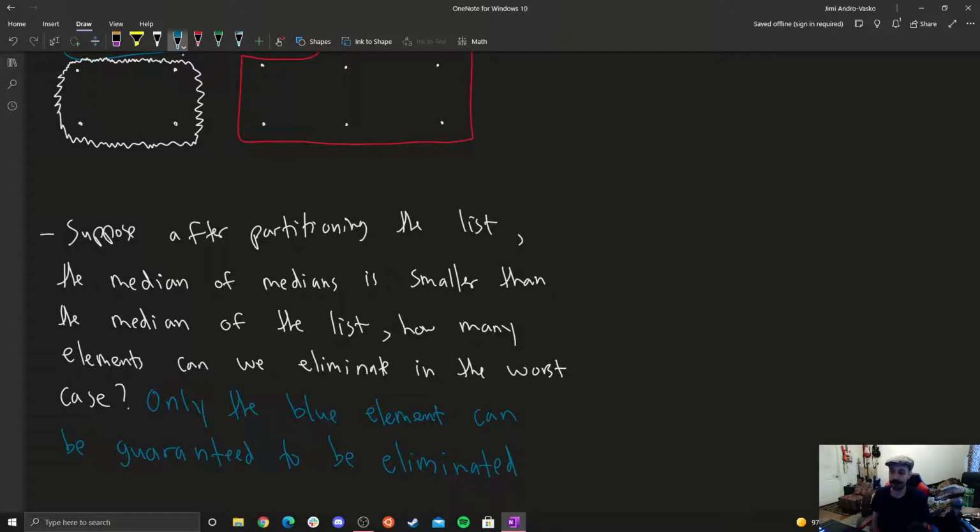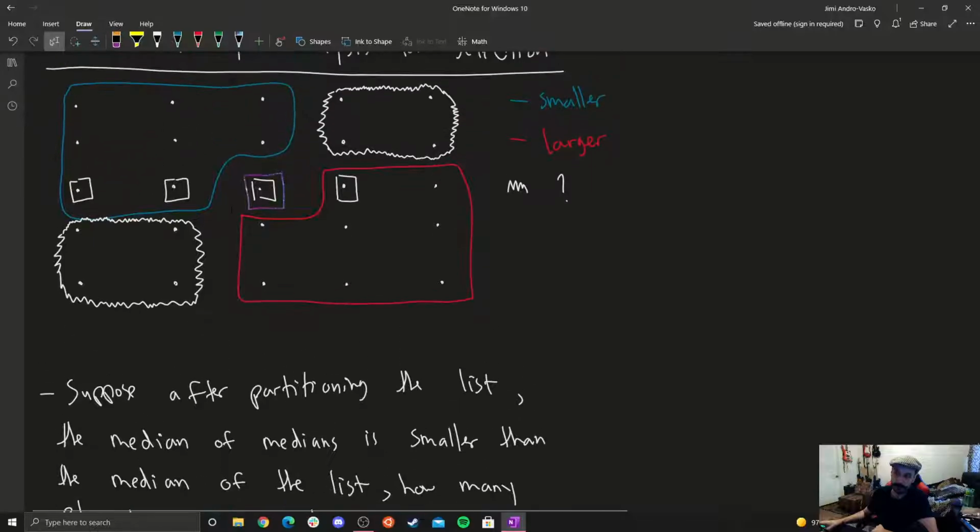That's all we can do. So if the median is smaller than the actual median of the whole list, now obviously the red elements, the median could be somewhere here in the red elements. And these question marks, we'll assume that in the worst case they're both going to be larger than the median of medians. So therefore, only the blue elements can be eliminated, guaranteed.